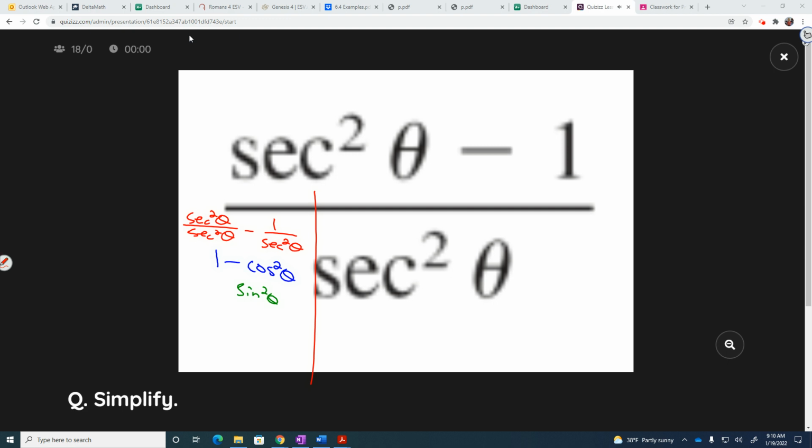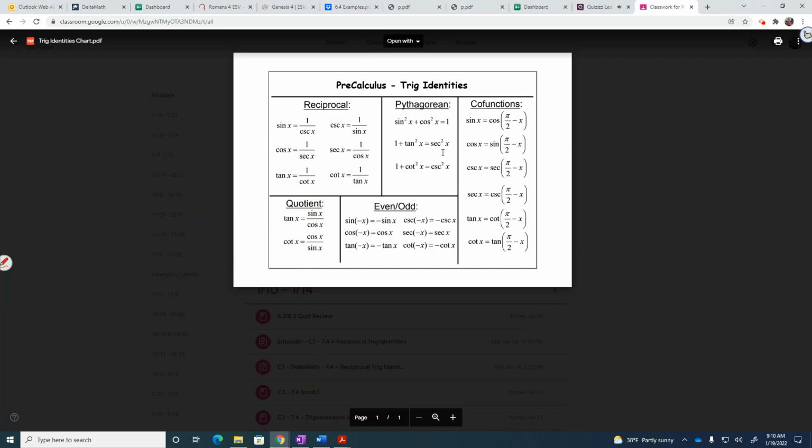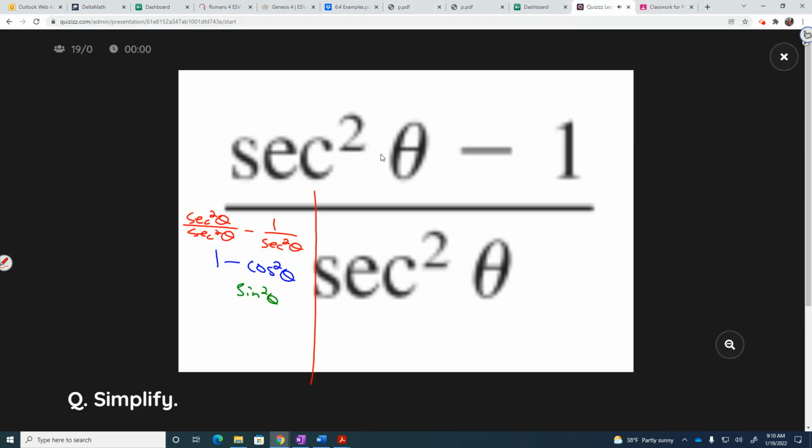The other way that you might have done is secant squared minus 1, if you look at your chart. You could just subtract the 1 over here and make that tangent squared. So you could do tan squared over secant squared. The other way you can do is you could then change tangent to sine squared over cosine squared, over secant squared, which is 1 over cosine squared.